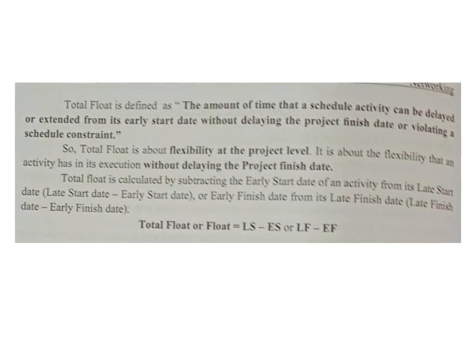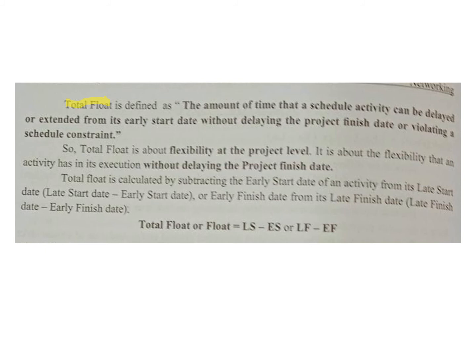So let's look at the difference between what's called the total float and what's called free float. As you know, float or slack are used fairly interchangeably. When you talk about total float, it is to do with the total process.